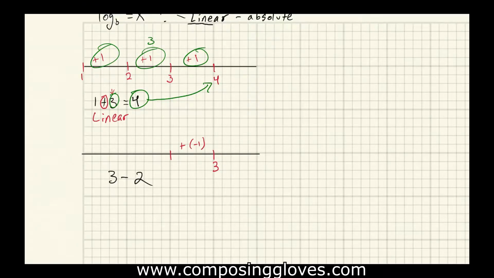We're at 3, and we want to go -2. So here's a -1, and we need another -1, because 2 is actually -1 two times in disguise. And so we get 2, and then we get 1. That is why we have a plus and -1. So now we're going this way, and that is an absolute scale.